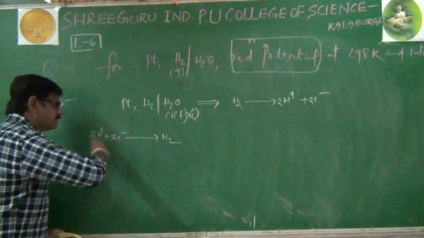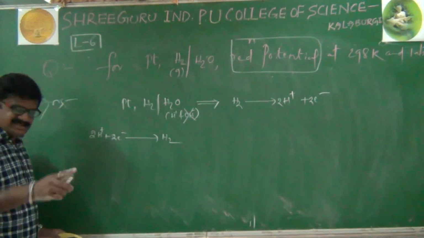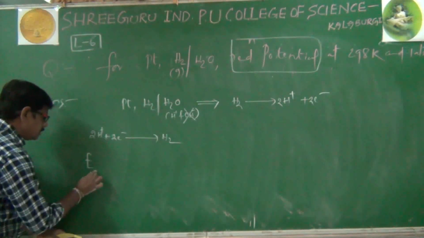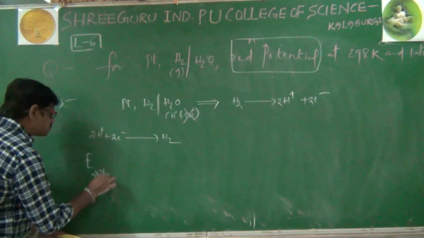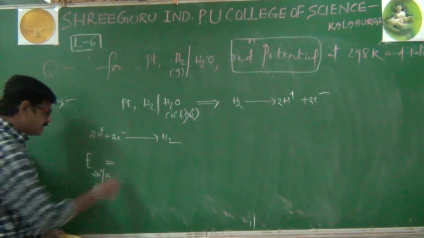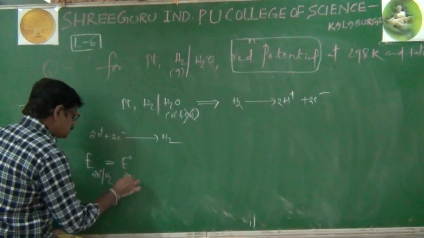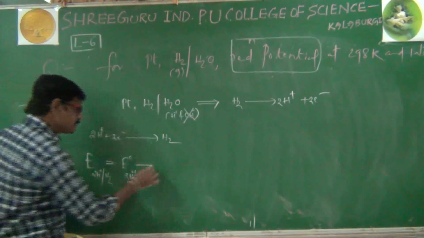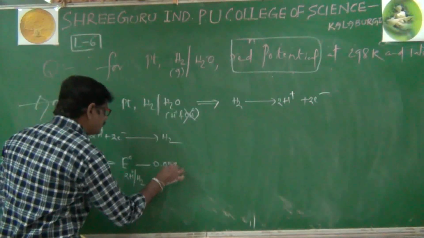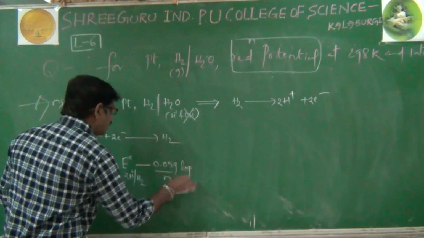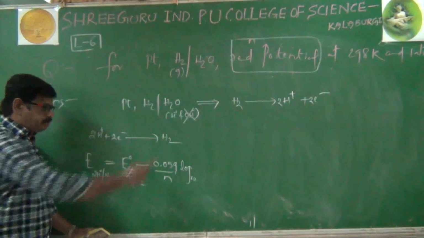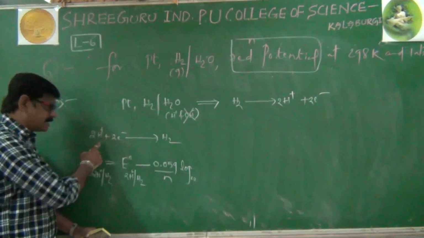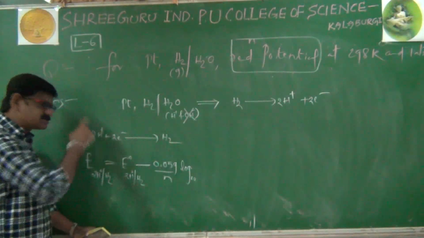Right, again to this reaction we will apply the Nernst equation. See here, E of H plus | H2, of course 2H plus | H2, is equal to E naught of 2H plus | H2 minus 0.059 by n log base 10 of product concentration by reactant concentration, or reduced state by oxidized state.